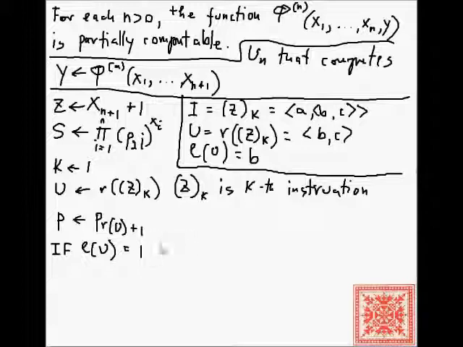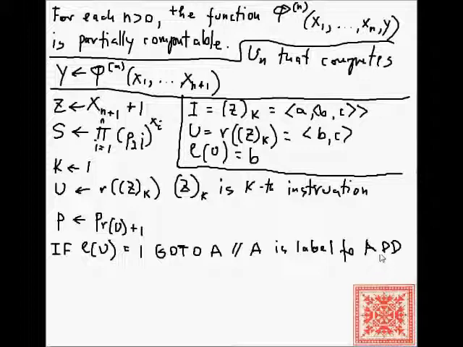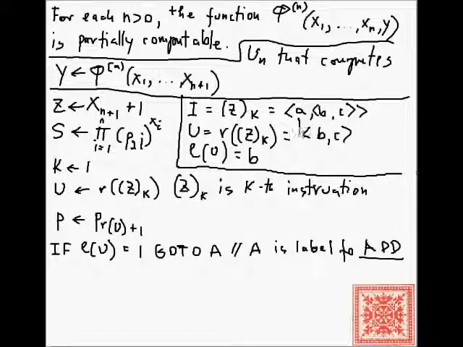So if l of u, the instruction type, is equal to 1, then we go to A, right? This is the label that we use for addition. Of course, technically speaking, L does not allow for labels such as A, but we can rename it into L1, L2, whatever.